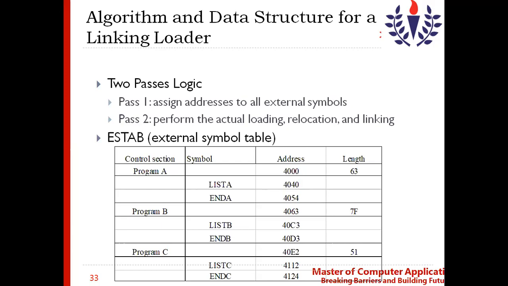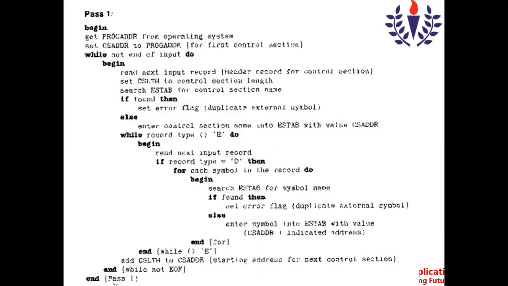When you add CSLTH with the CSADR, that gives you the starting address of the next control section. What is the next control section? Program B is the next control section. What is the value? 4063. That is how we are getting the next address for another control section.